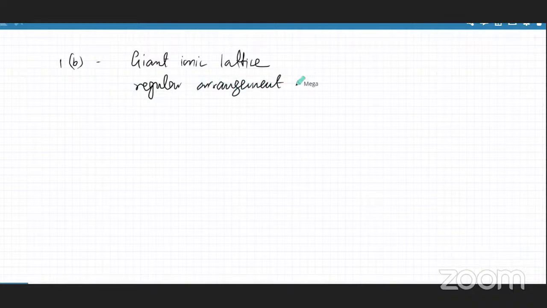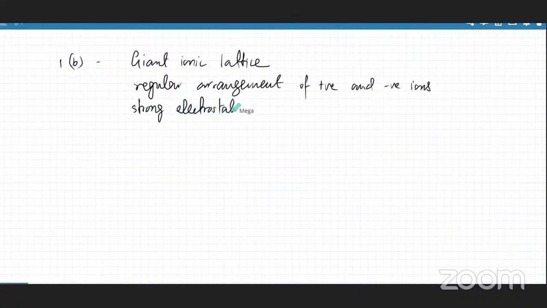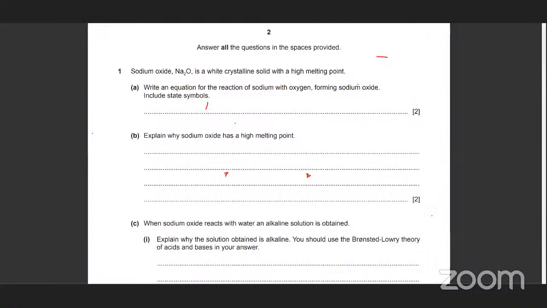And there's strong electrostatic forces of attraction between them. ठीक है, that's the first part.